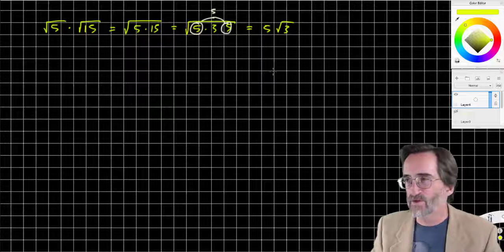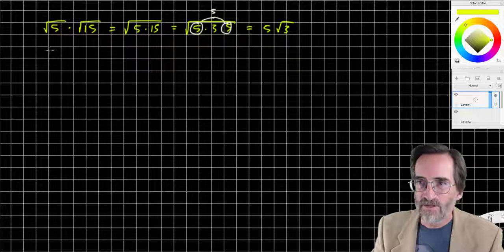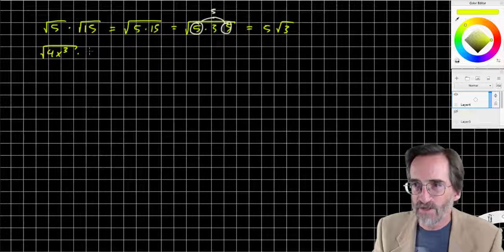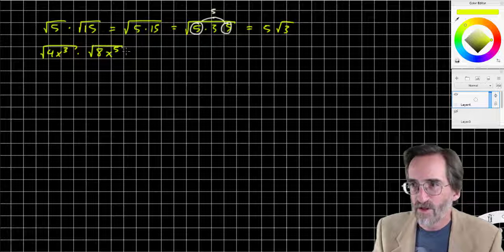Okay? You can do that with variables even. So let's do x cubed square root times the square root of 8x to the 5th. Okay?